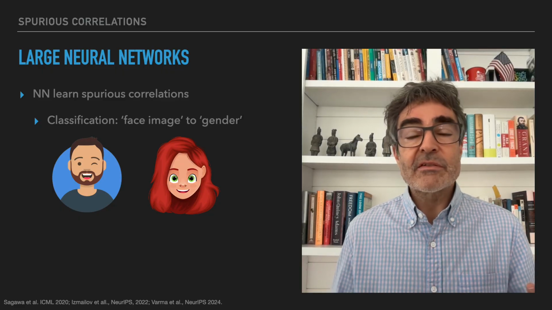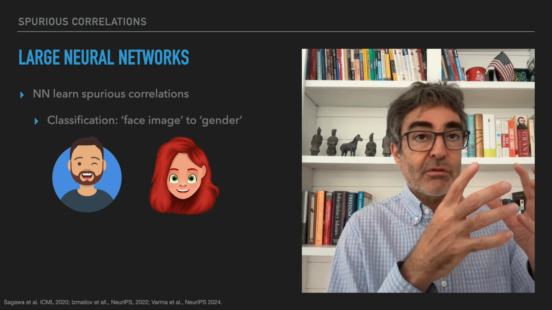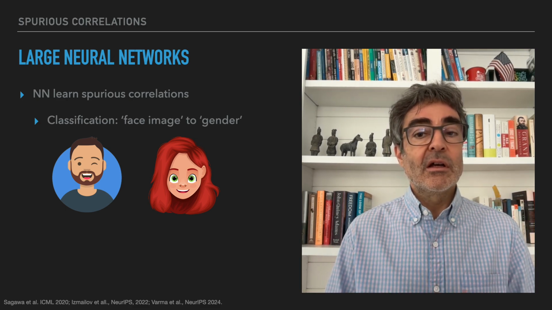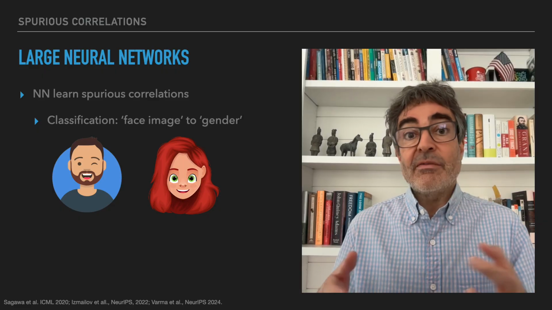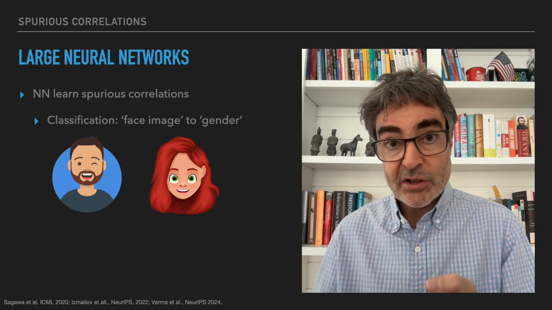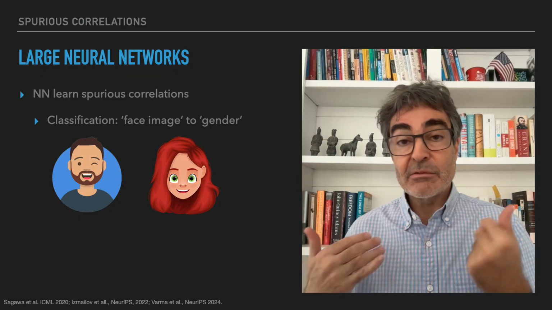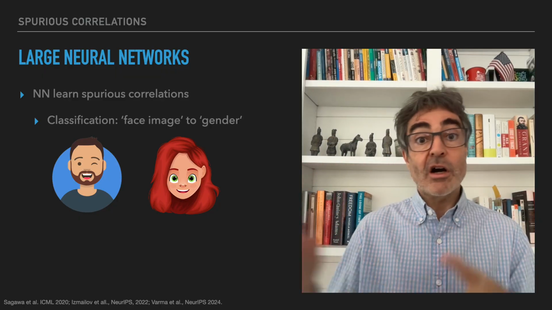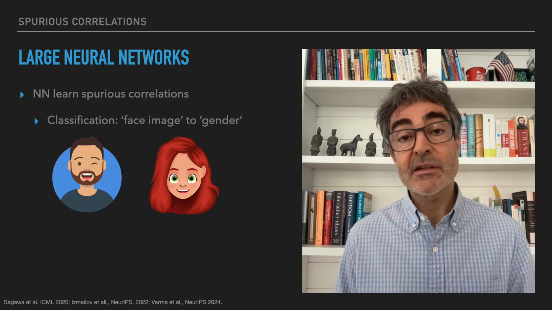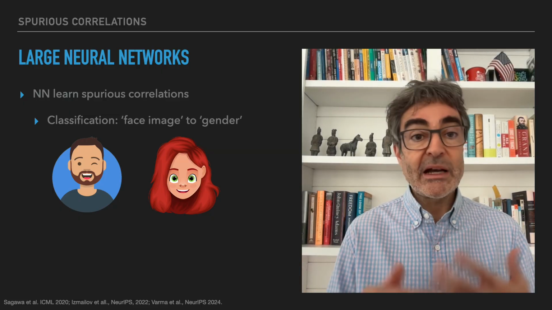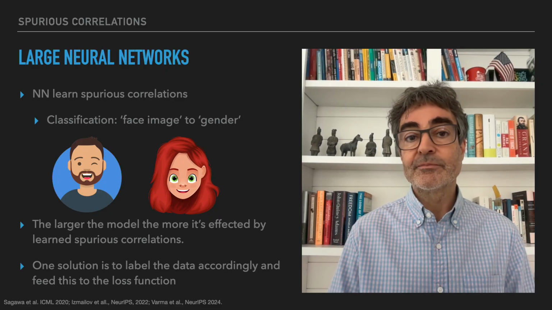So obviously, a neural network learns to associate hair features with gender. The problem is that if I now put my system in production and a male with a longer hairline or a female with a short hairline come into my system, the system might respond incorrectly, might provide a wrong response.